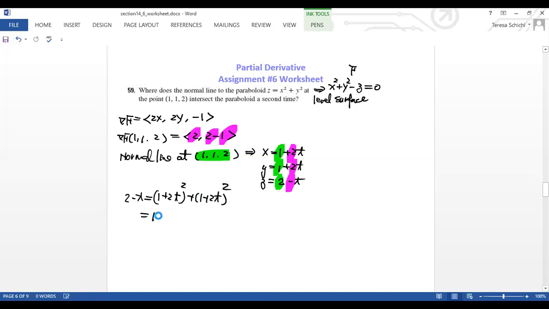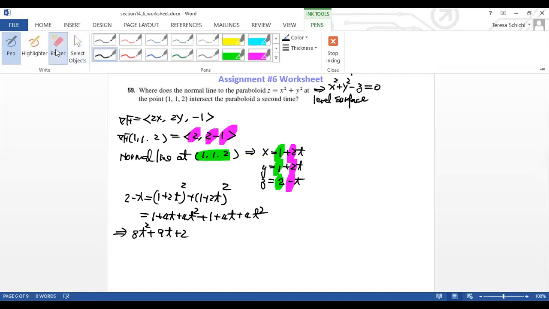Then this is 1 plus 4t plus 4t squared plus 1 plus 4t plus 4t squared. Then you can solve that. So here I have 8t squared plus 8t plus 2.